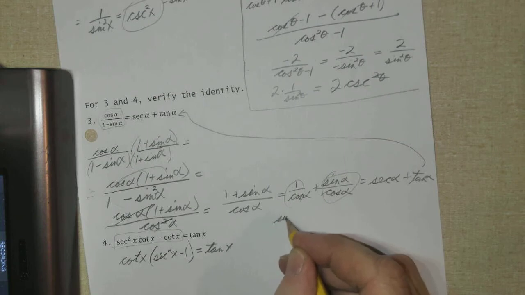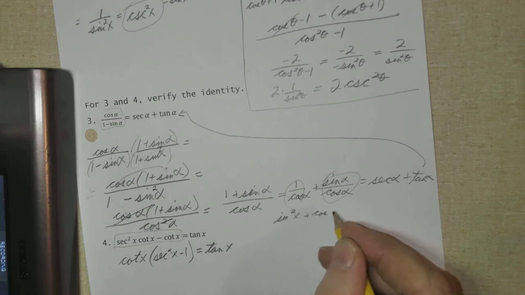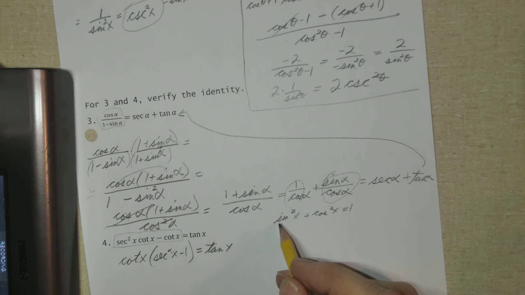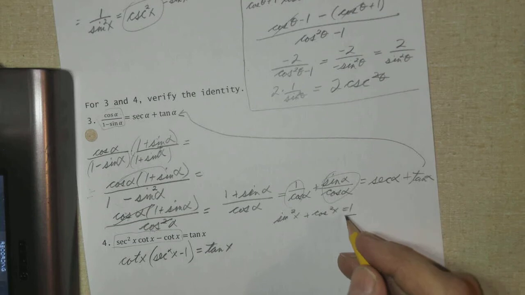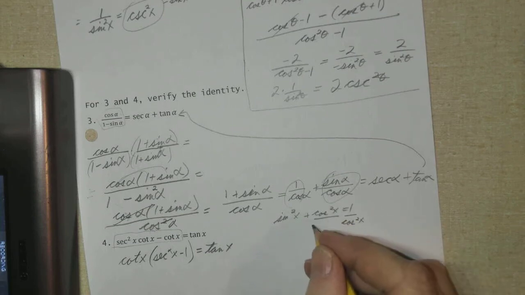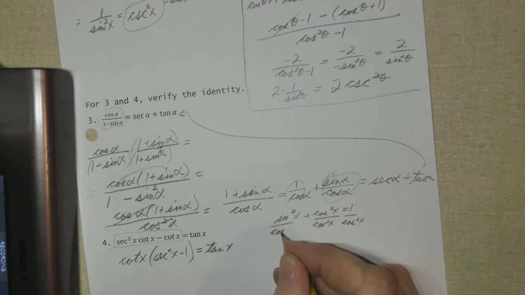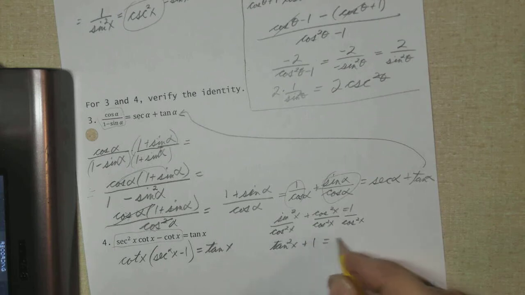Let's see. And we want secant, so that's secant is 1 over cosine. So this is tangent squared x plus 1 equals secant squared x.